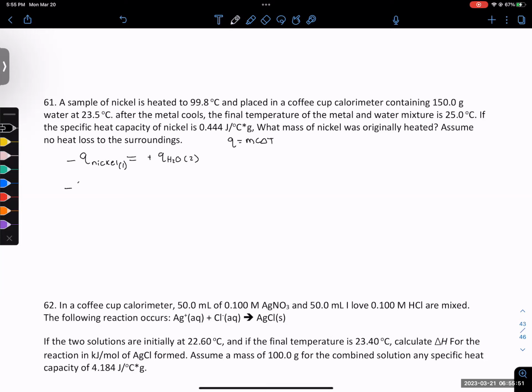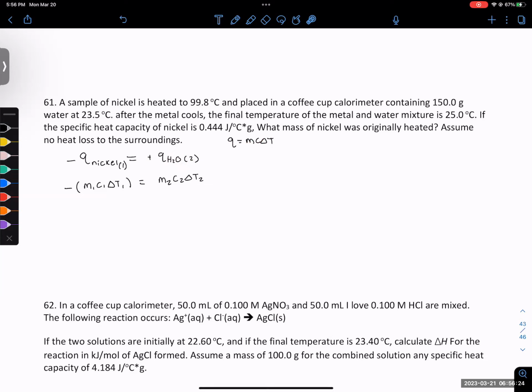So negative M1 C1 delta T1, I'm putting the 1 here because we're talking about the nickel, is equal to the heat gained by the water, so M2 C2 delta T2. The way I just got this is saying the Q is equal to MC delta T, so we just substitute the MC delta T for the Q.